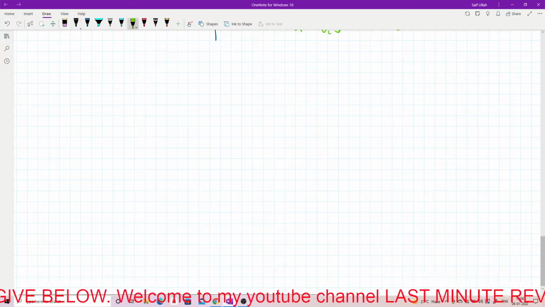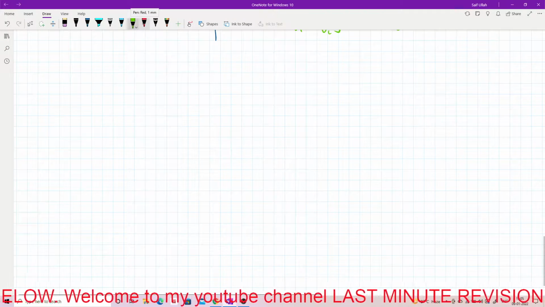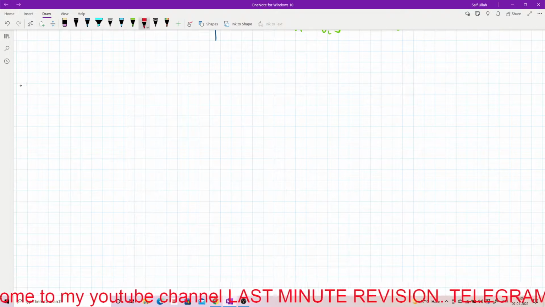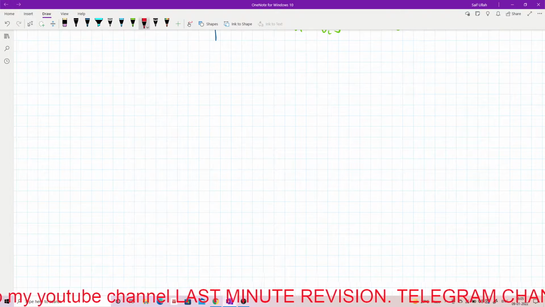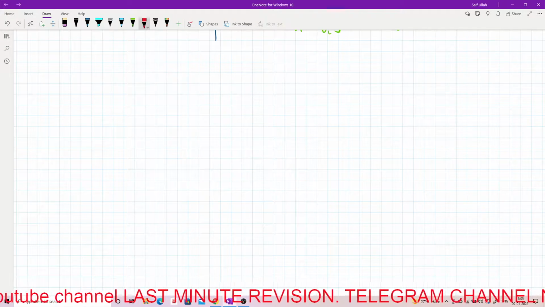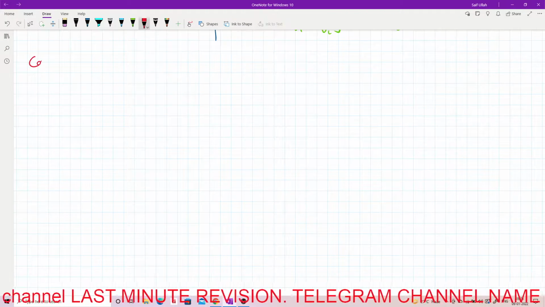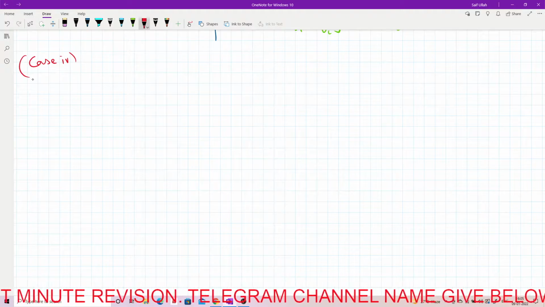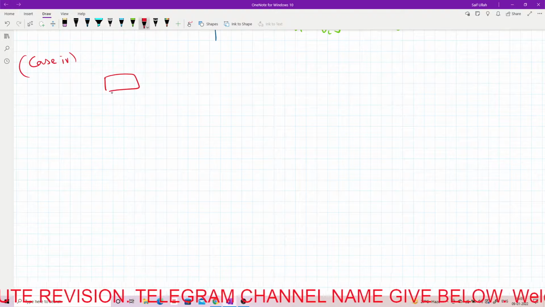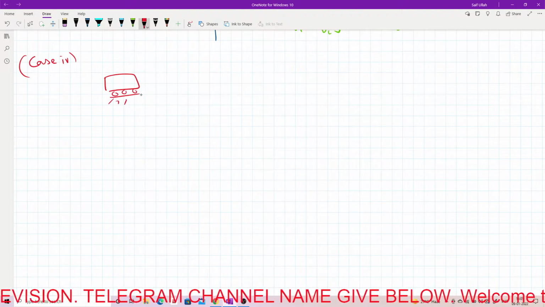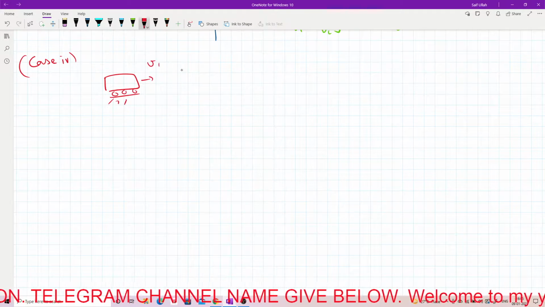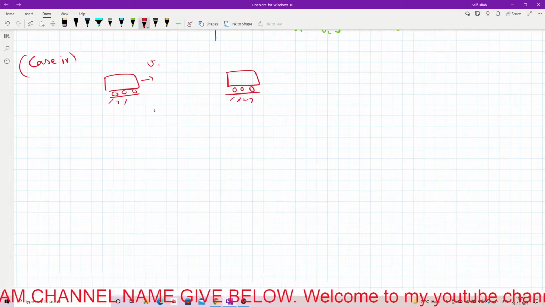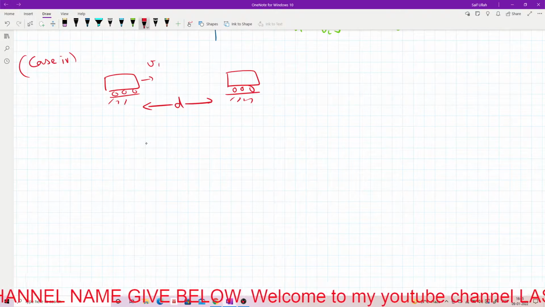Till now we have only found average speed. Now let's see, in this case, we'll also see about average speed and average velocity, and we'll try to change the distance here. You can mention this as case 4. If a vehicle is going at speed v1 and it reached one distance, it has covered distance d.